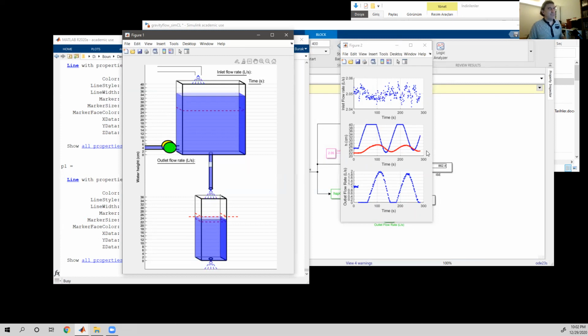Too much underdamped, I may say. Actually, it is close to almost sustained oscillations. If I increase the Kc value a little bit more, then it's going to be sustained oscillations. So this is the moral of the story. It is not a good control. But let this go a couple of minutes further.